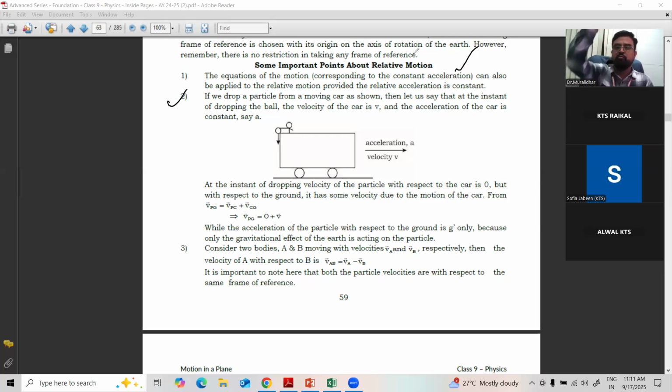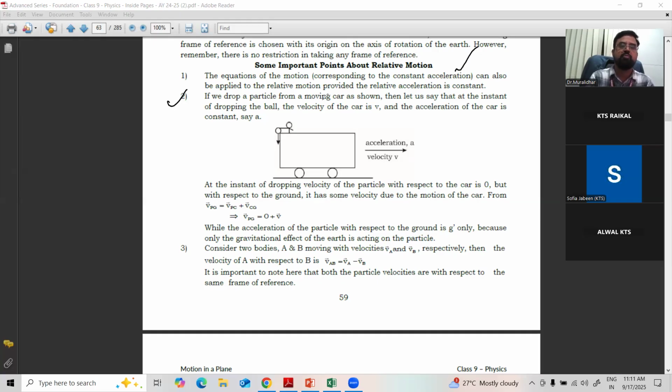Otherwise, when you are dropping, the velocity with which the body is traveling is very important, as you are dropping the ball. According to that only, you can hit it. Suppose you want to drop a bomb on a building. So what you have to do is keep relative velocity in mind: with what velocity you are dropping, with what velocity you are moving. Right, so very interesting.